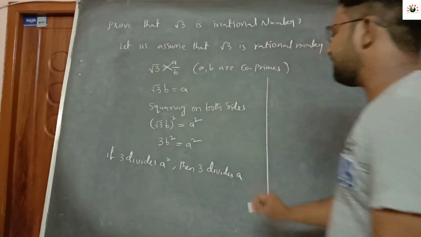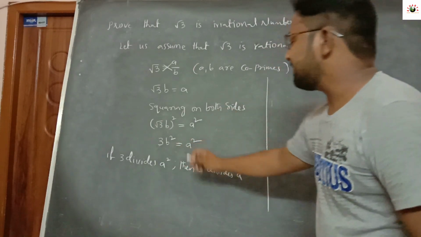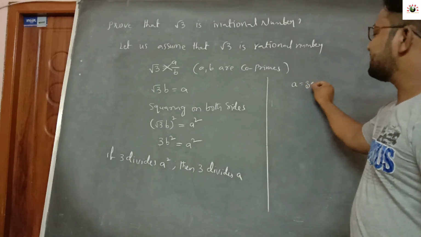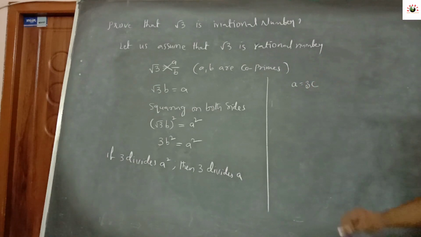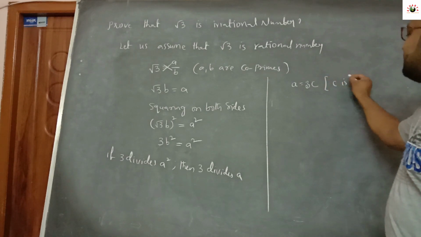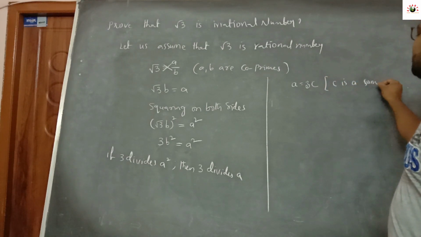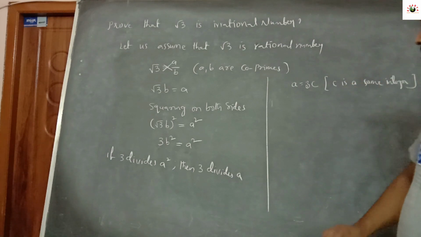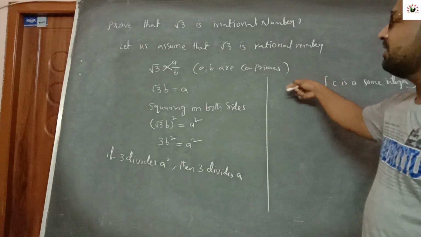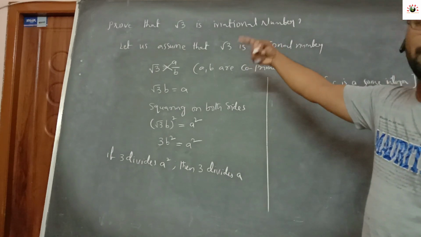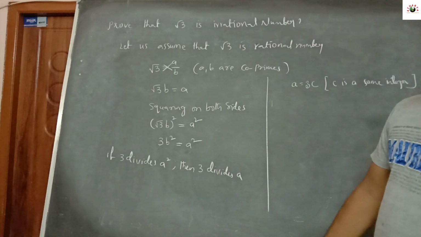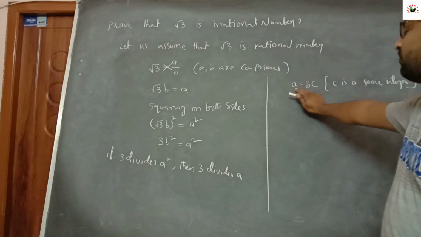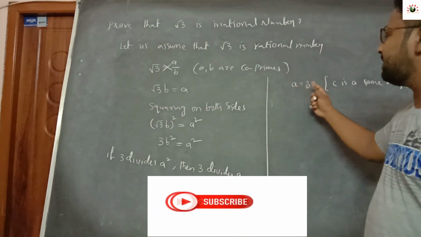Now the next step: 3 B square is equal to A square, so A is equal to 3C, where C is some integer, any integer. Why are we taking 3C? Because we are proving root 3 is irrational, we take A equal to 3C.